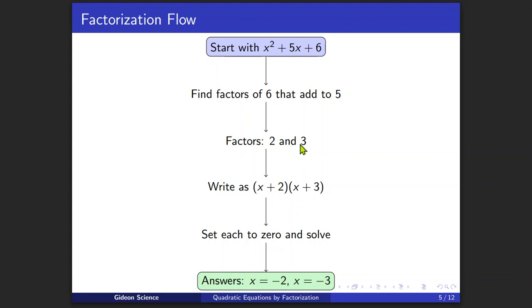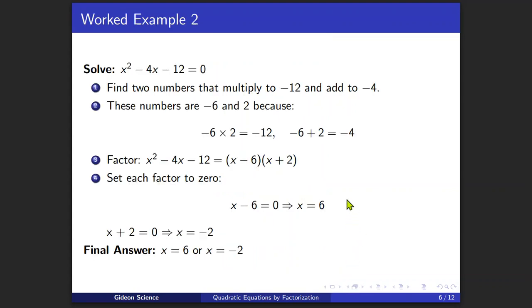The factors are 2 and 3. Write as a product, (x plus 2)(x plus 3). Now set each to 0 and solve for x. The answer is x equals minus 2 and x equals minus 3.